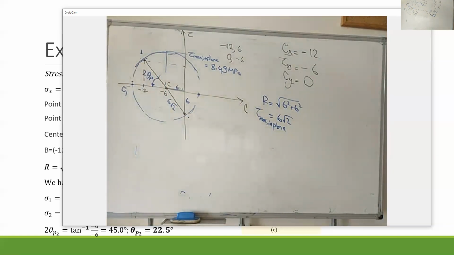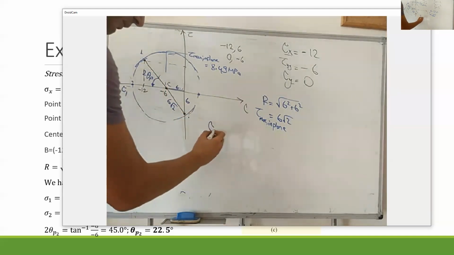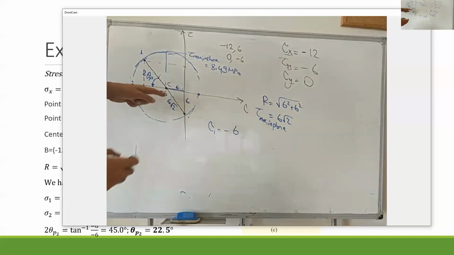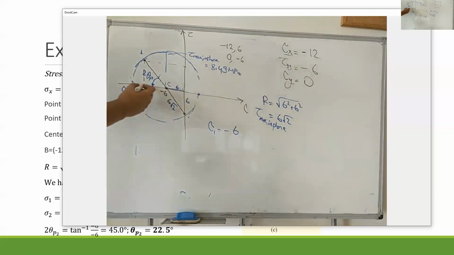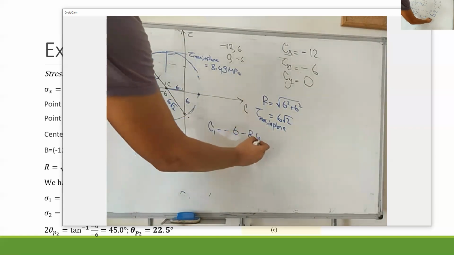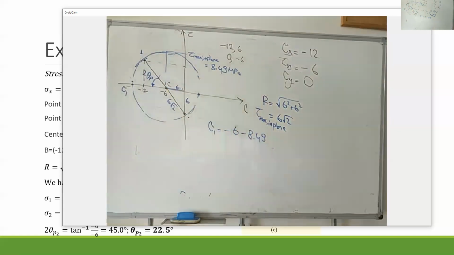So theta p is in this angle, and I want to obtain sigma 1 like this. How can we find sigma 1? Sigma 1 is equal to minus 6, from this point, adding the radius minus 8.49.